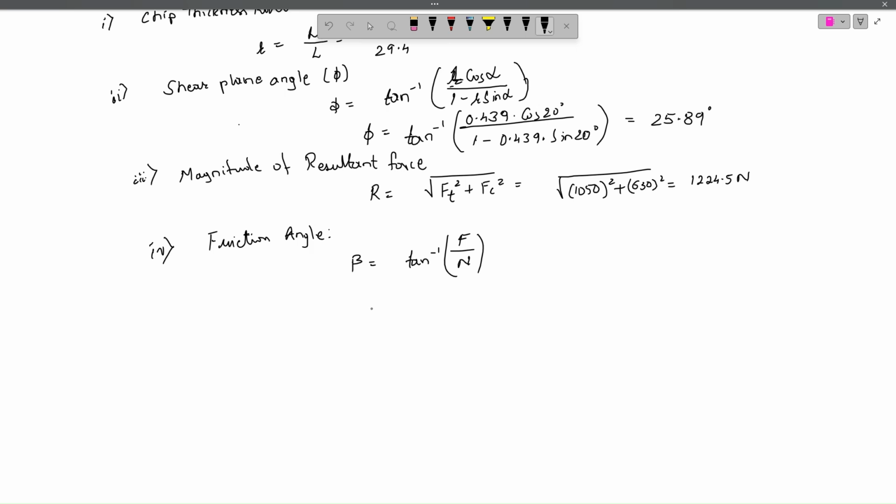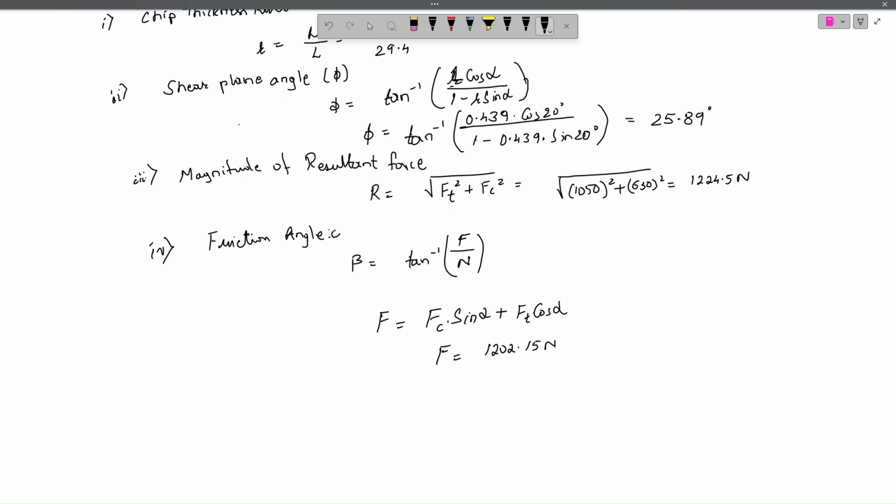Here we need to compute the frictional force first. The frictional force F is given by the mathematical model Fc sin alpha plus Ft cos alpha. Upon substitution of the Fc and Ft values and also the alpha value, we get the value of the friction force as 1202.15 Newton.